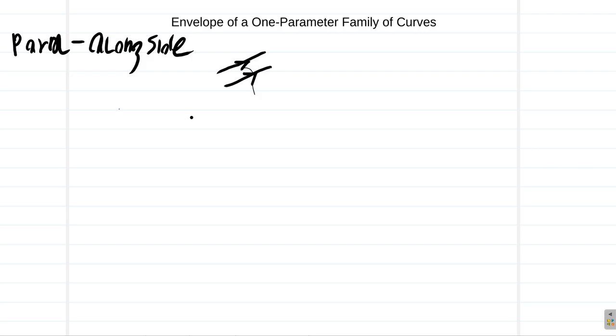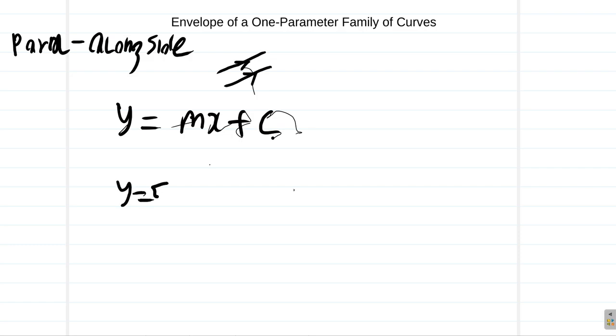Suppose you have a straight line, y is equal to mx plus c, right? y equals mx plus c. Here, for one specific case, you might have y is equal to 5x plus 2.